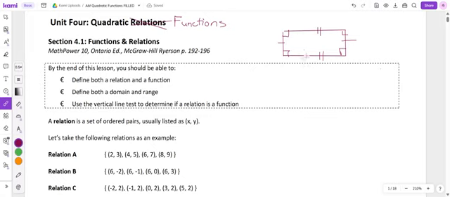Here's a question. Is a square a rectangle? Discuss. Okay.